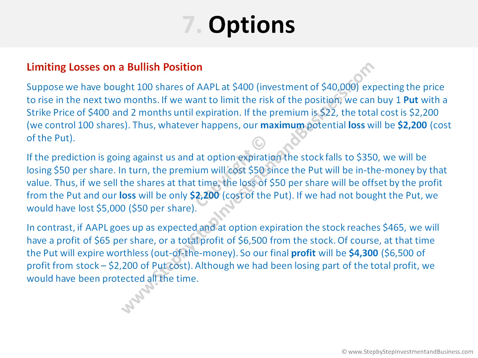So our final profit will be $4,300, which is the difference between the $6,500 of the profit from the stock and the $2,200 of the put cost. Although we had been losing part of the total profit, we would have been protected all the time.